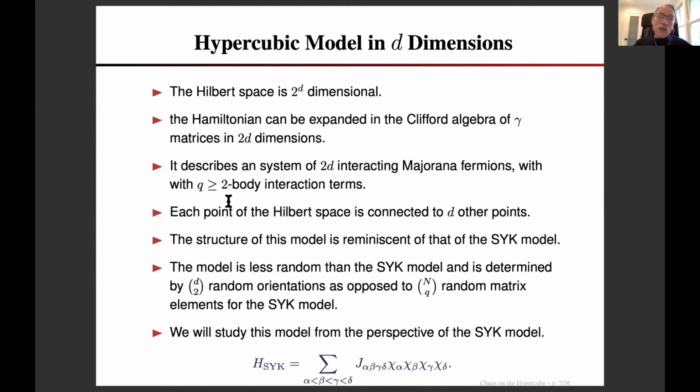In general, any two-body interaction terms, if you work it out, which we did, you get 2-body, 3-body, 4-body, 5-body, etc. interactions. Each point in the Hilbert space is connected to, in fact, d-1 other points.